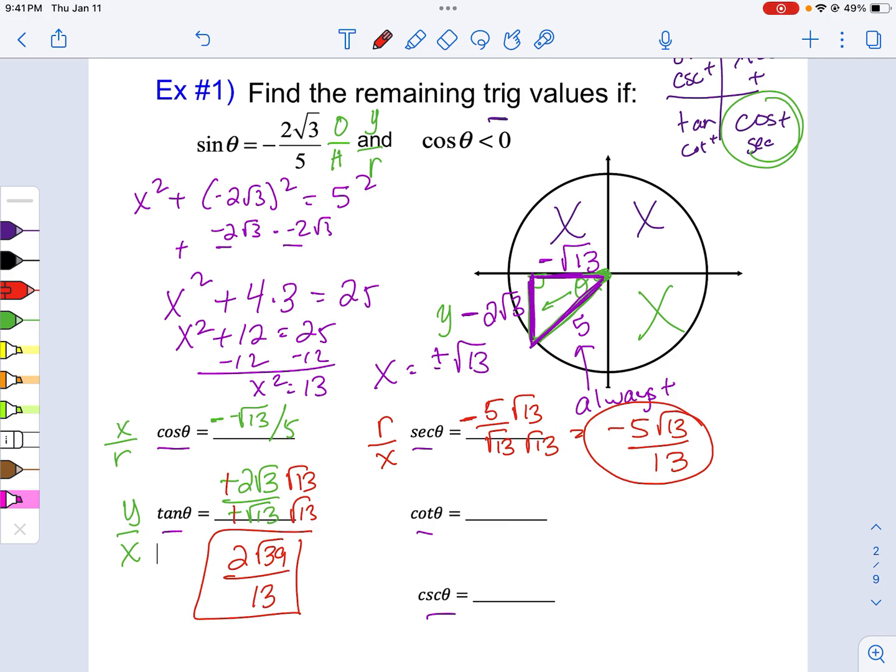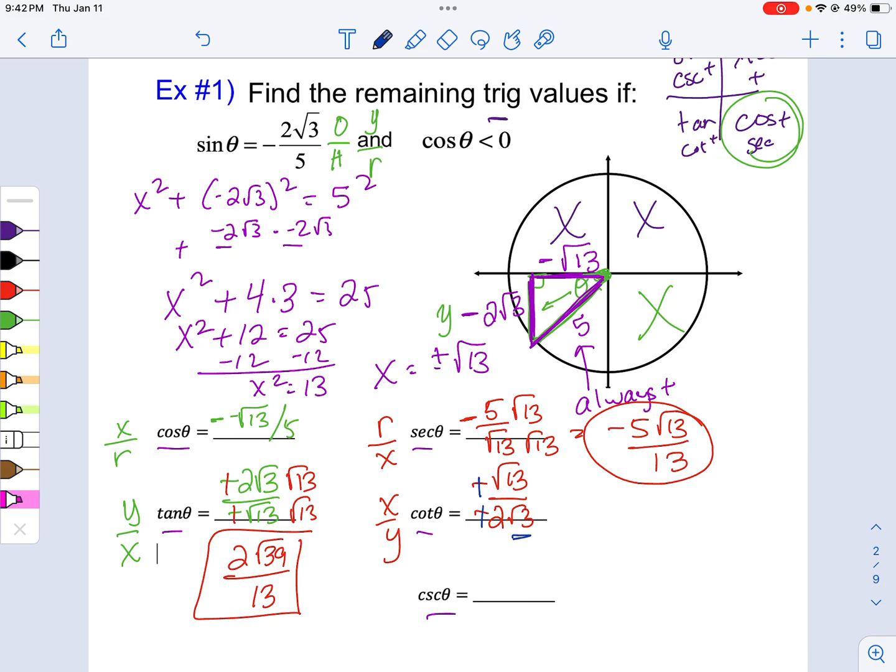Cotangent is just tangent, the reciprocal, right? So I know that this guy has to be x over y. So I'm going to go back to the original that I wrote in green. I don't want to flip this because I already rationalized it. So I want to go to the smaller values here. So I know that the x value is negative root 13 and the y value is negative 2 root 3. Okay, so just like we did before, I know that 2 negatives when I divide gives me a positive.